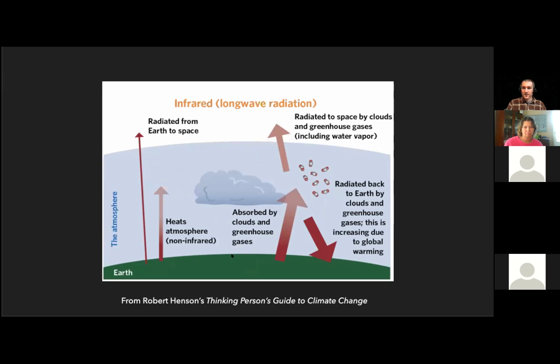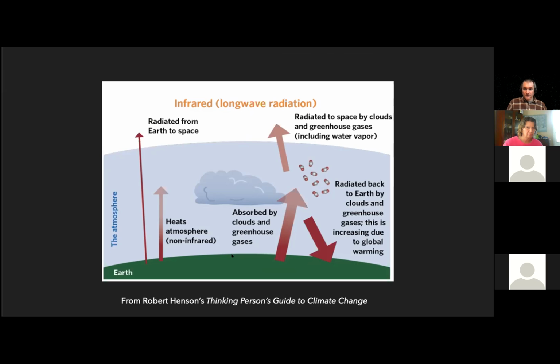Now, why this is a key part of the story is that most of these gases in the atmosphere, specifically the greenhouse gases, which are water vapor, carbon dioxide, methane, nitrous oxide, ozone, and a handful of others, are transparent for the most part to the incoming solar energy. They allow that energy to pass through, and that's why that energy is able to be absorbed by Earth's surface.